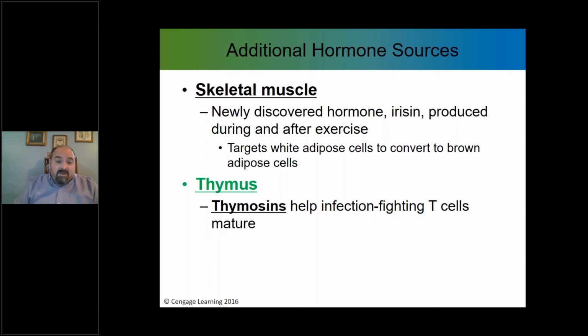The thymus gland is involved in, and we'll talk about this in more detail, the maturation of T cells. These are T lymphocyte cells involved in your immune function. We'll talk about this in a little more detail, but not right at the moment. Just know that they release a hormone called thymosin.